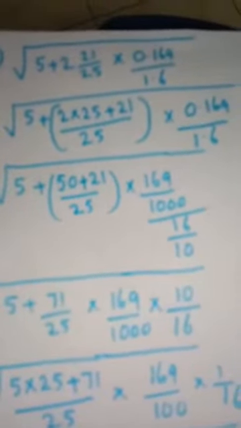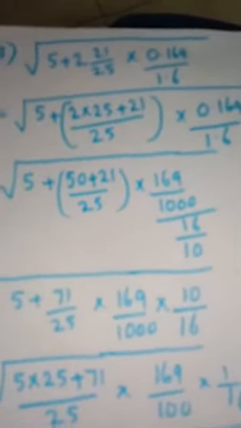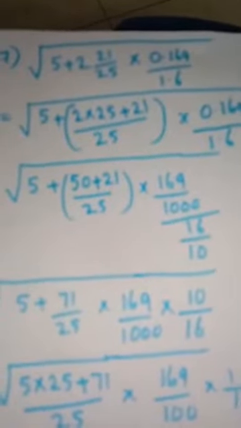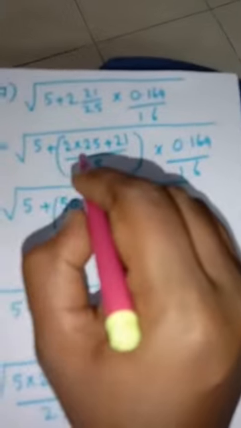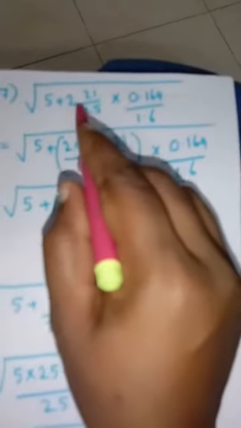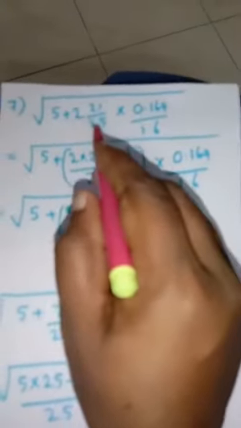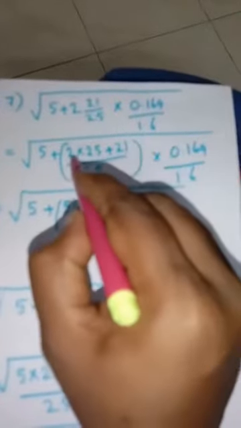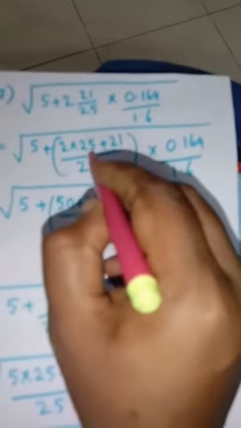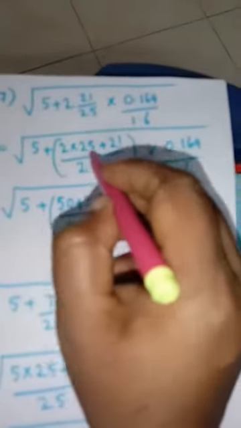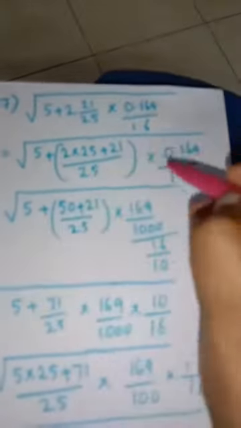So first make this 2 21 by 25 into an improper fraction. How to make mixed into improper? Whole into denominator plus numerator. So 2 into 25 plus 21 by 25.